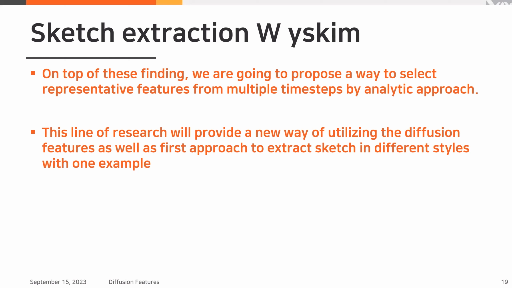And second, what do you think was the benefit of using diffusion features compared to other extracted features from DINO or ResNet?